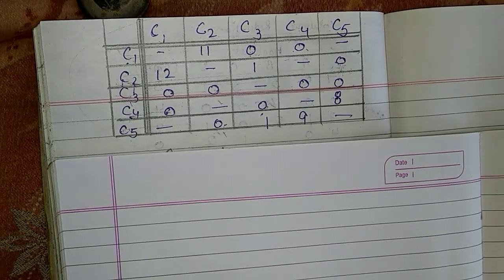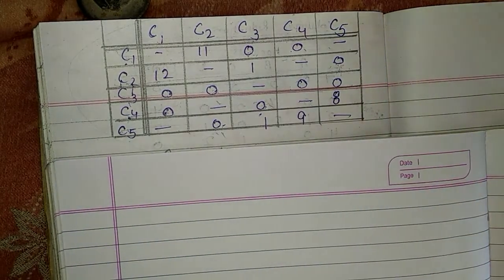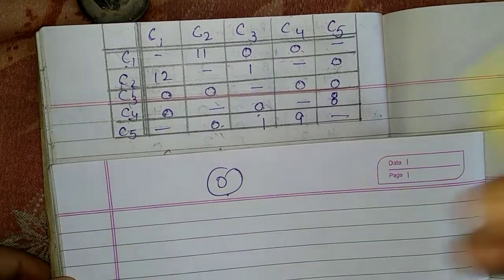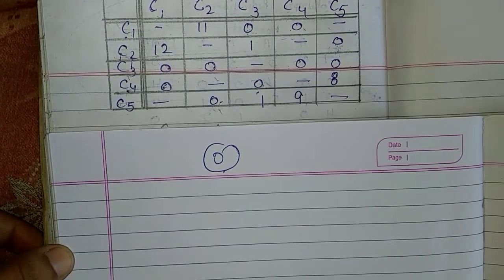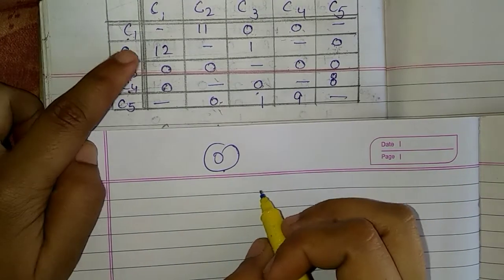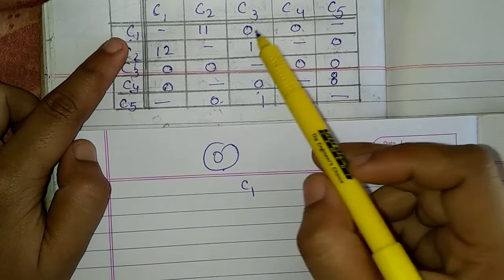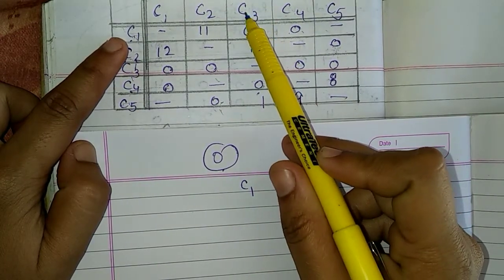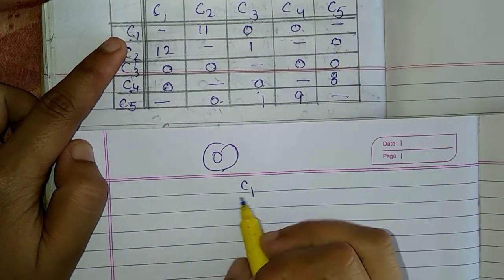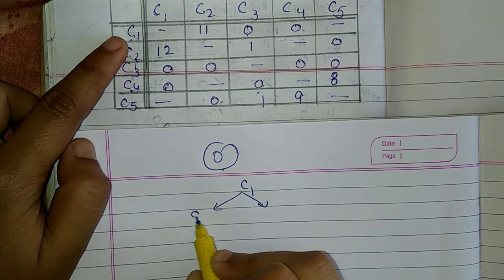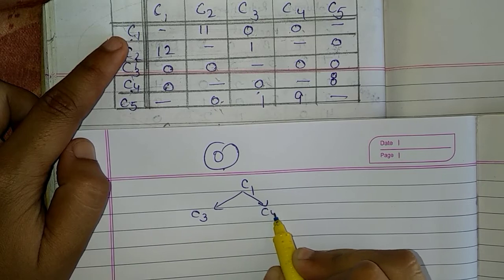For the diagram, first of all we consider only zeros. Now we can make a tree, starting from C1. In C1 there are 2 zeros, one at C3 and another at C4.